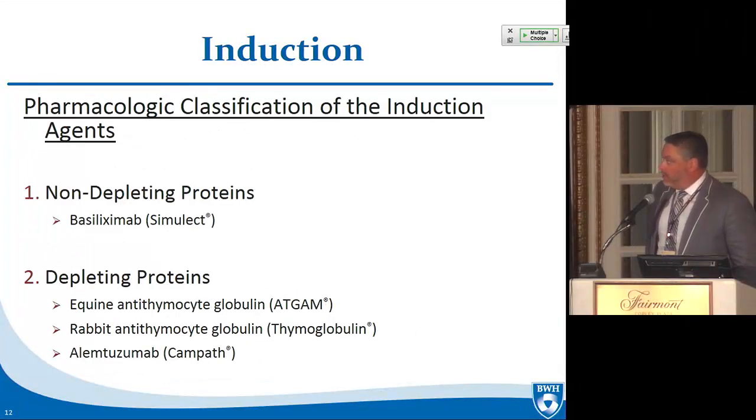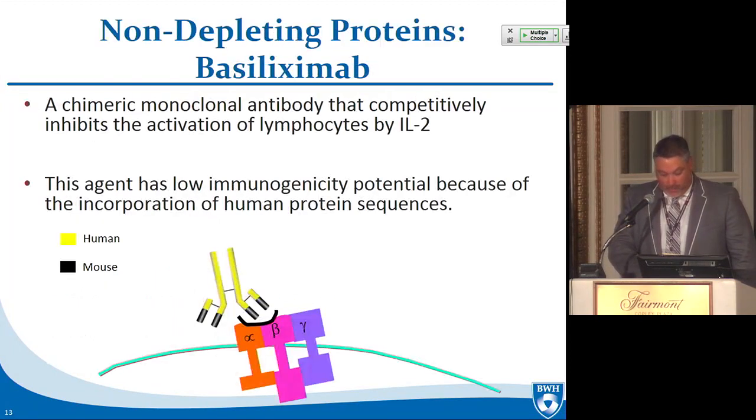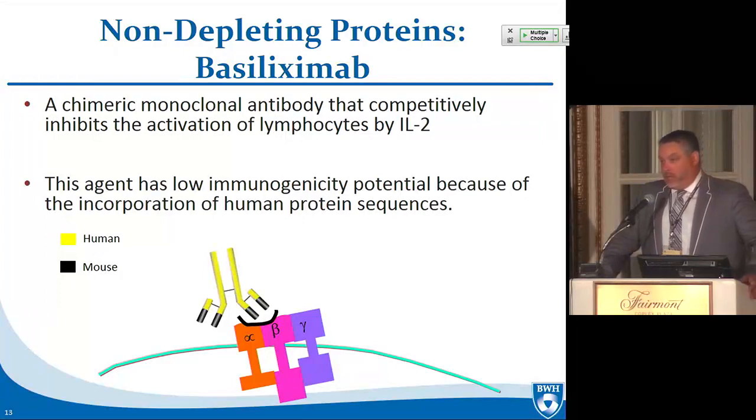We talk about them as depleting or non-depleting agents. So our non-depleting agent is our Basiliximab, while our depleting proteins are ATG, both the rabbit and the horse, and Alemtuzumab.